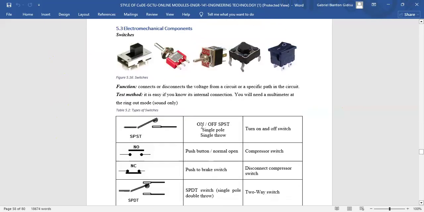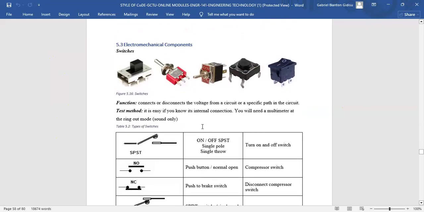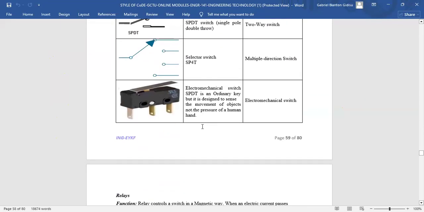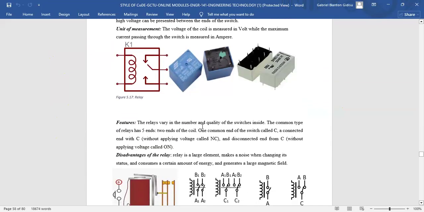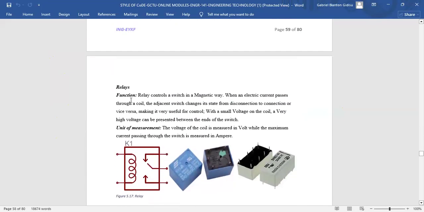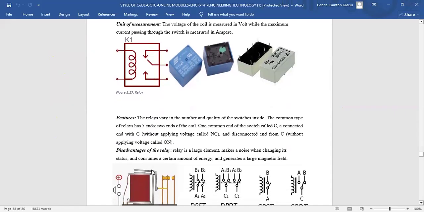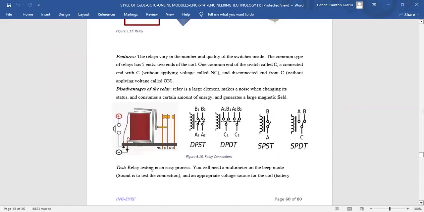We have switches, so many types of them. Then we have the relay, the almighty relay. This is a device that will use DC to control AC, one of the very old devices. This is a mechanical relay.